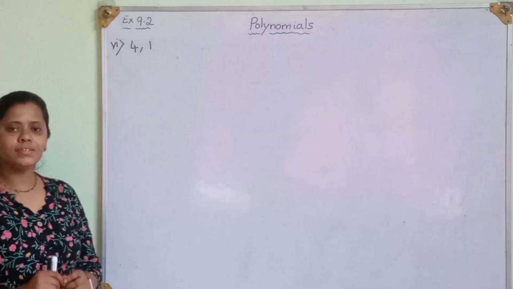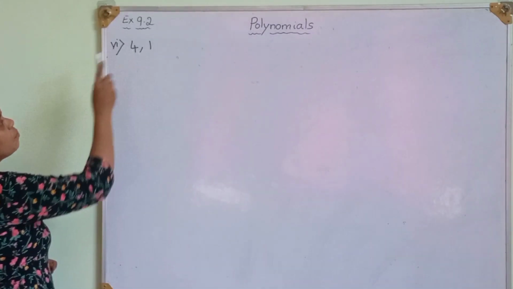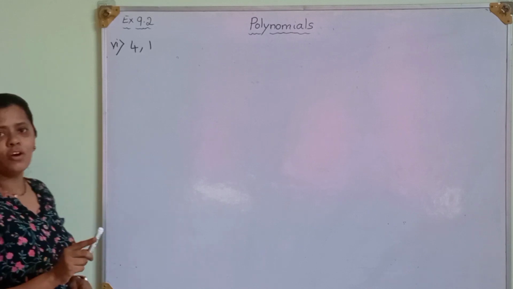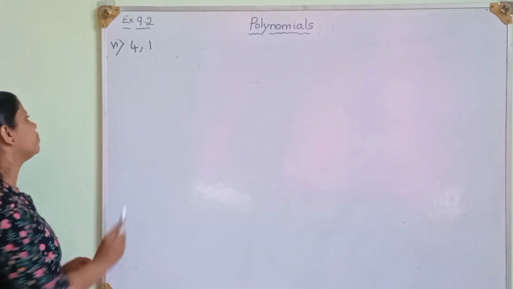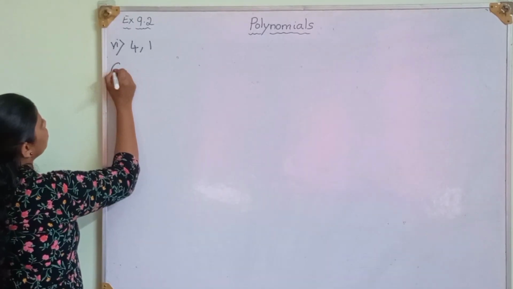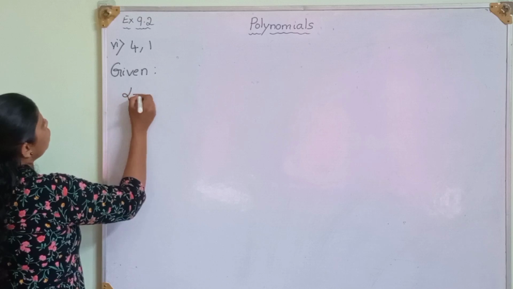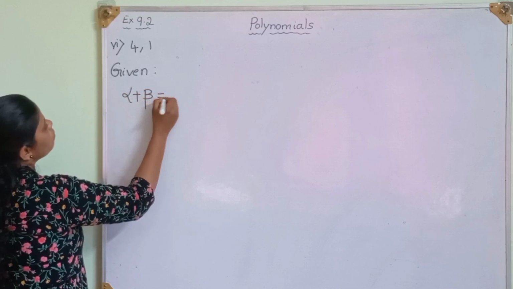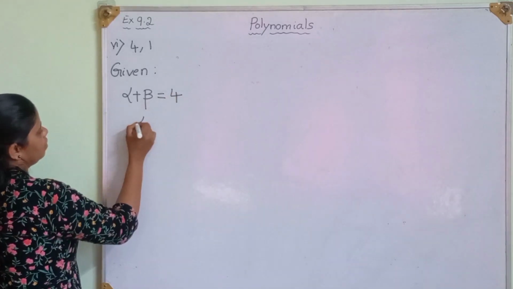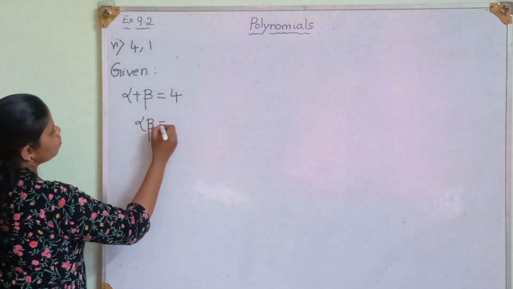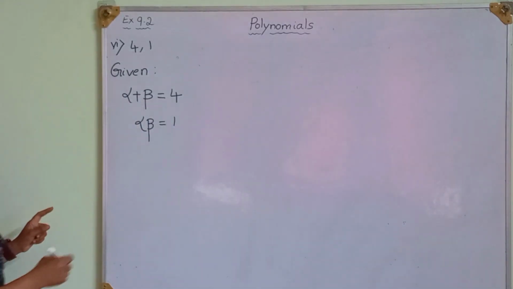Now let us solve the sixth question. We know that here the sum and the product of zeros of the polynomial are given and we have to find out the polynomial. That is given, alpha plus beta, the sum of the zeros of the polynomial, is 4. It is given. And the product of zeros of the polynomial is 1. This is given in the problem.